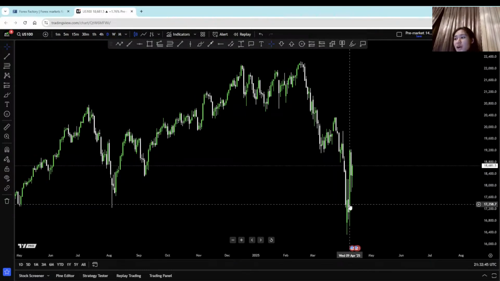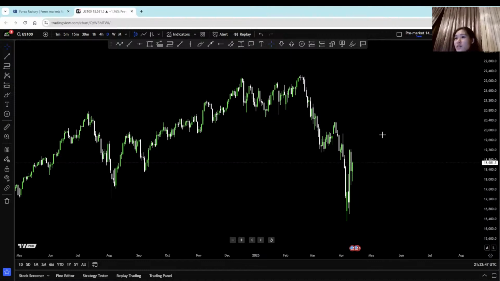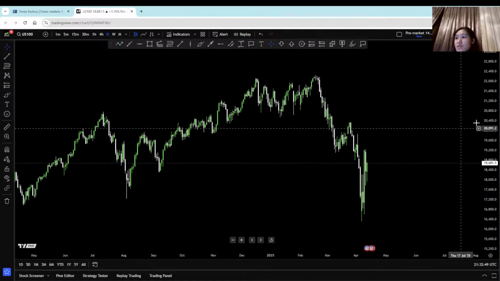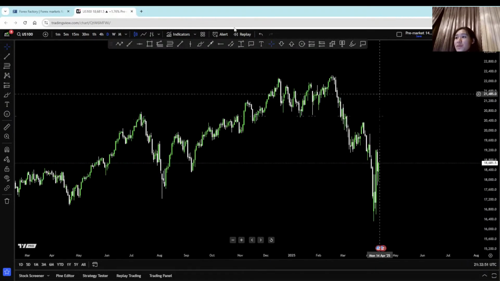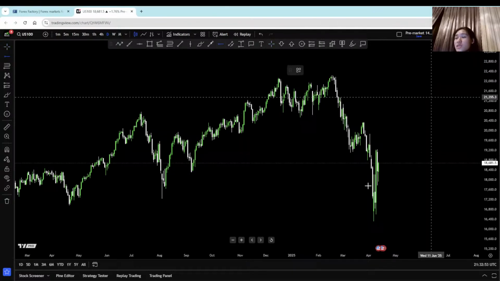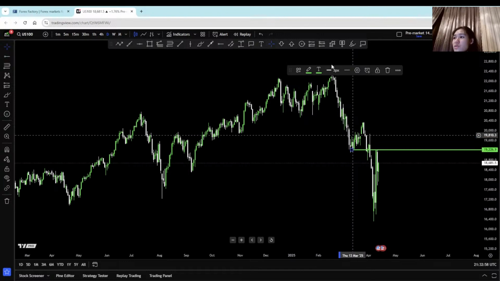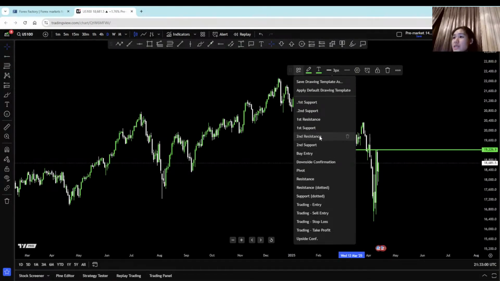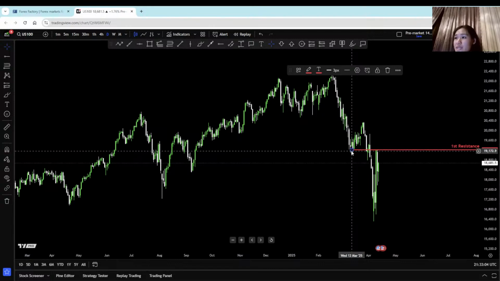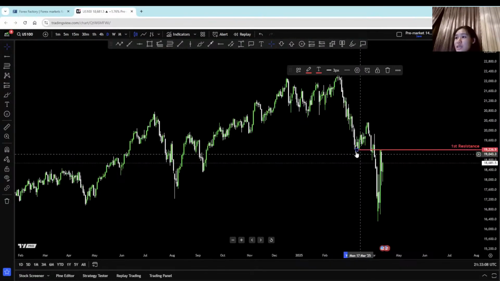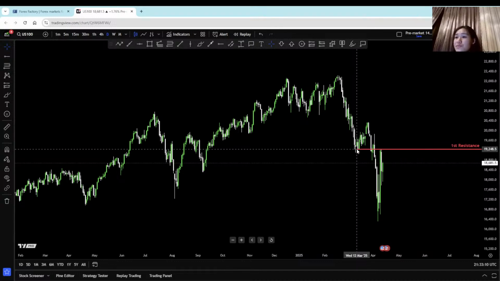This was in the past week because of the pause in the tariffs. Now let's go ahead and continue with our analysis. So here I'm going to place a first resistance since price hasn't surpassed that level yet. So it's still considered a resistance.